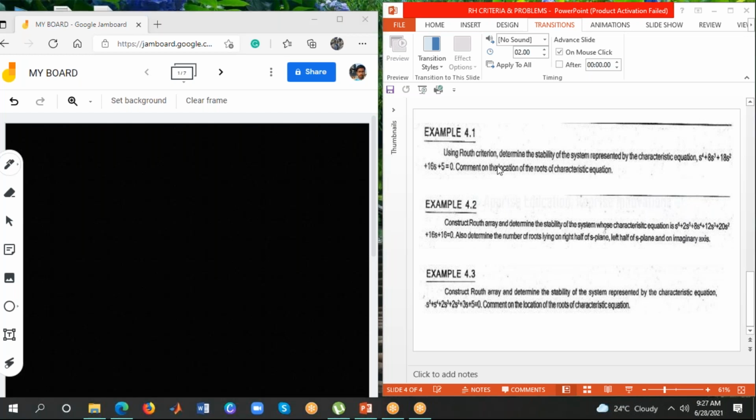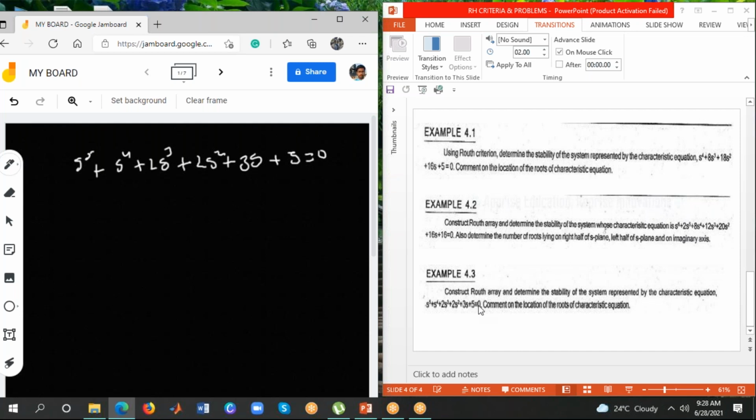The third one is: construct a Routh array and determine the stability of the system represented by the characteristic equation s power 5 plus s power 4 plus 2s cubed plus 2s square plus 3s plus 5 equals 0.